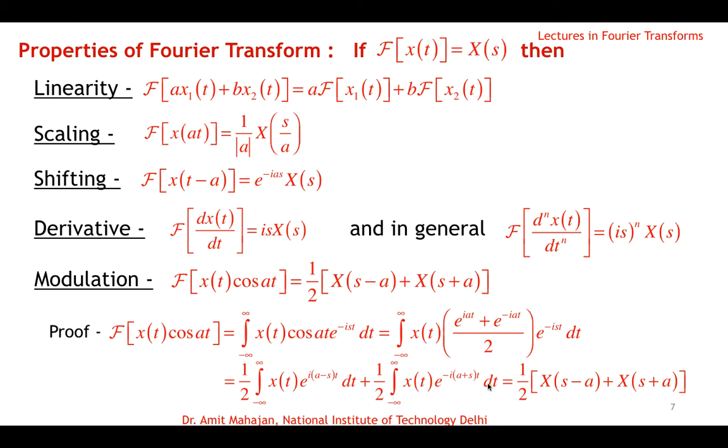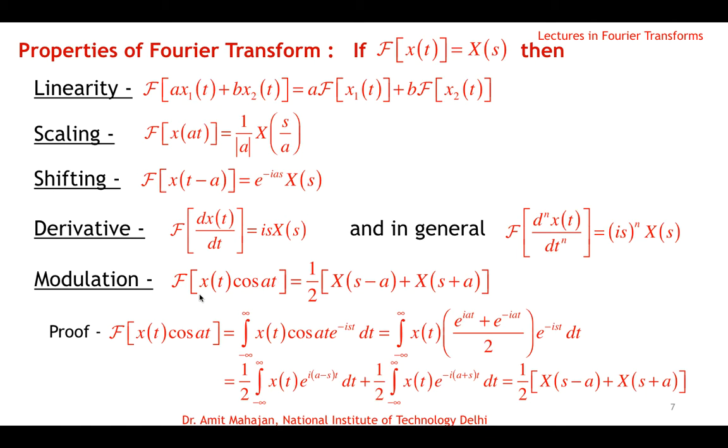Now if you look at this integral, it is nothing but the Fourier transform of x with s replaced by s plus a, so that's X(s plus a). Similarly, this is the Fourier transform of x with s replaced by s minus a, because we take a minus sign outside to write this exponential in negative form. So that's X(s minus a).